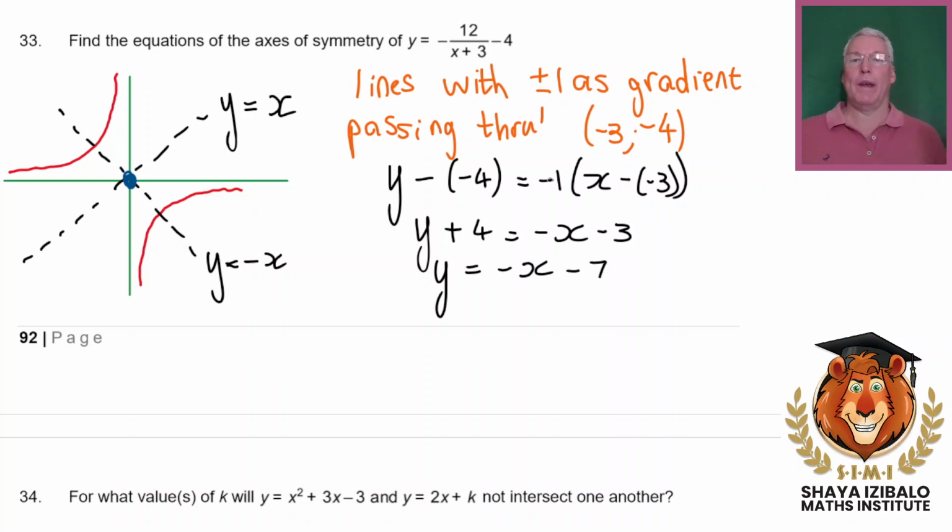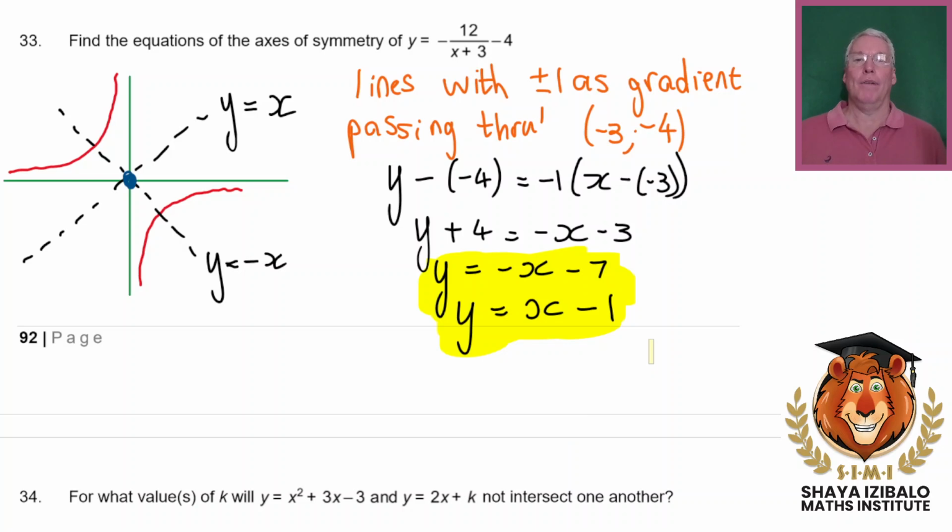If we had a positive 1 in here, then we'd get positive x, positive 3, here we've got a positive 4, subtract 1, we would get y equals x minus 1. Okay, so those are our two axes of symmetry, a gradient of 1 and a gradient of minus 1, both of them passing through this point.